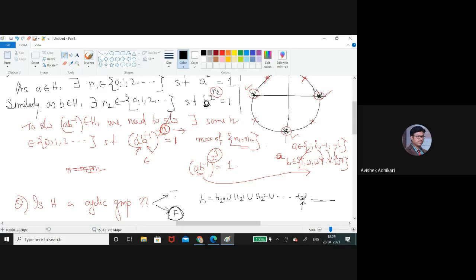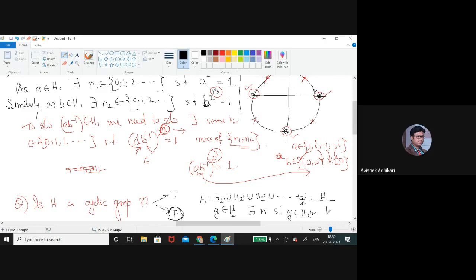This element will not be able to generate the elements from the bigger subgroups. Suppose G is the generator of H, then G will belong to some of these; there must exist some n such that G belongs to H of 2 to the power n.